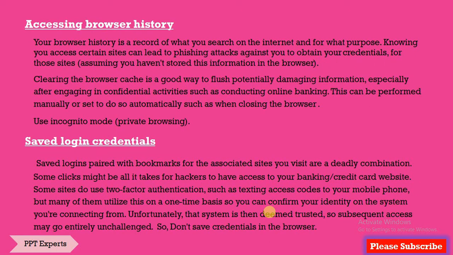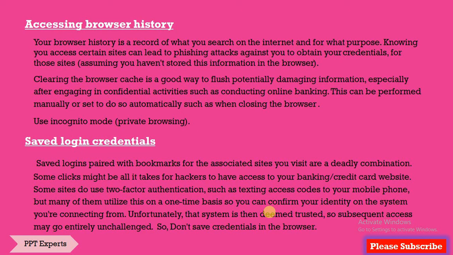Accessing browser history. Your browser history is a record of what you search on the internet. Hackers try to access the browser history. So what you can do is use incognito mode, a private browsing mode in your browser, which will not save the history.